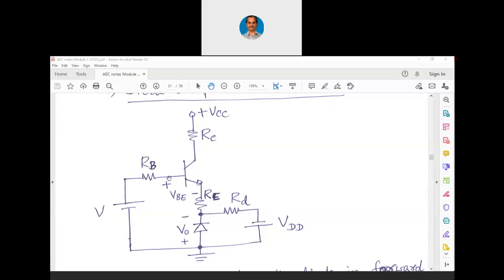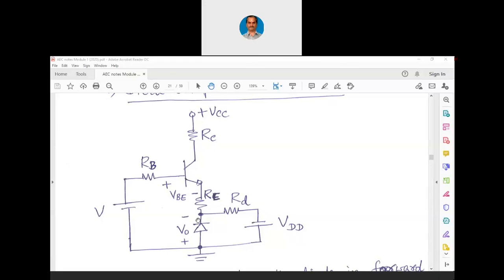So let us say at the base it is 2 volts, and let us say at the base to emitter it is 0.7, and at the diode you see it minus 0.7. Now the remaining voltage is across this RE. Now due to the increase in temperature, let us say the base to emitter voltage increases to 0.8. Now in the reverse direction also, the diode drop increases to 0.8.